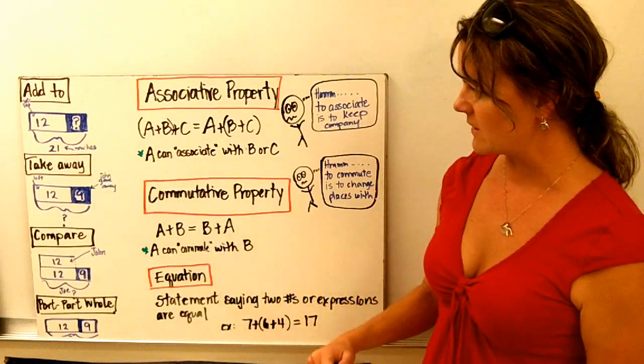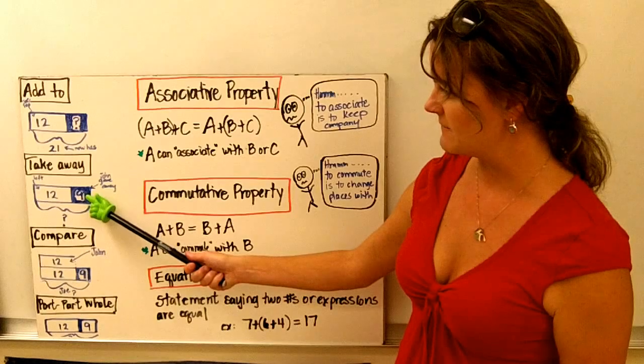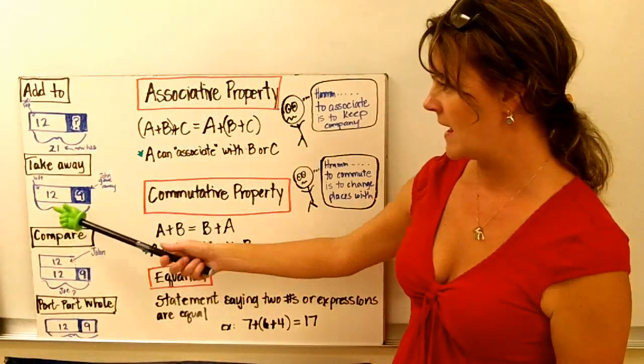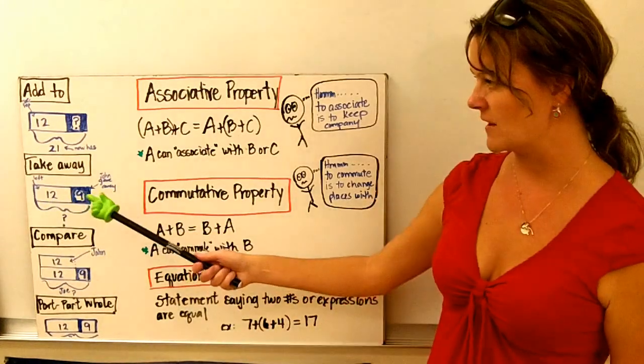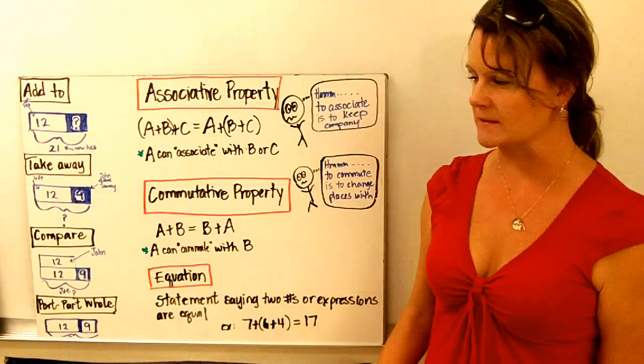An example of a take away: if John gave 9 apples away and he had 12 left after he gave those 9 away, then that can help us figure out how many he started with.